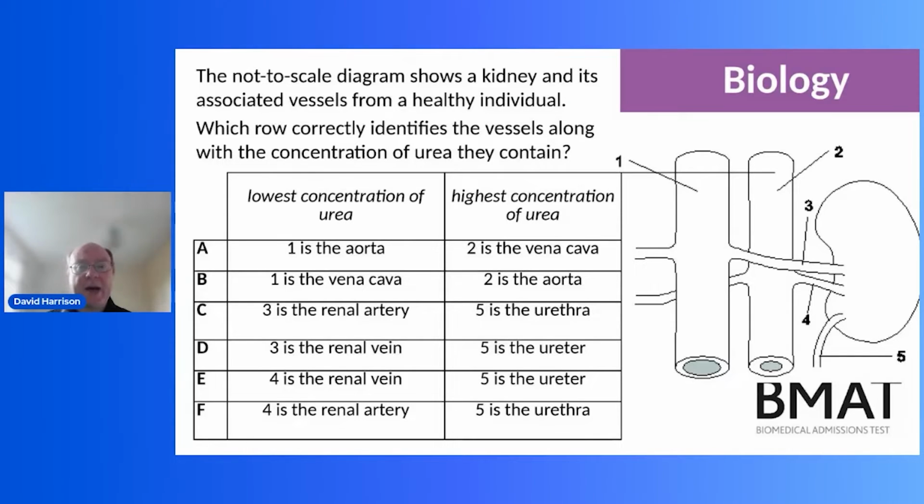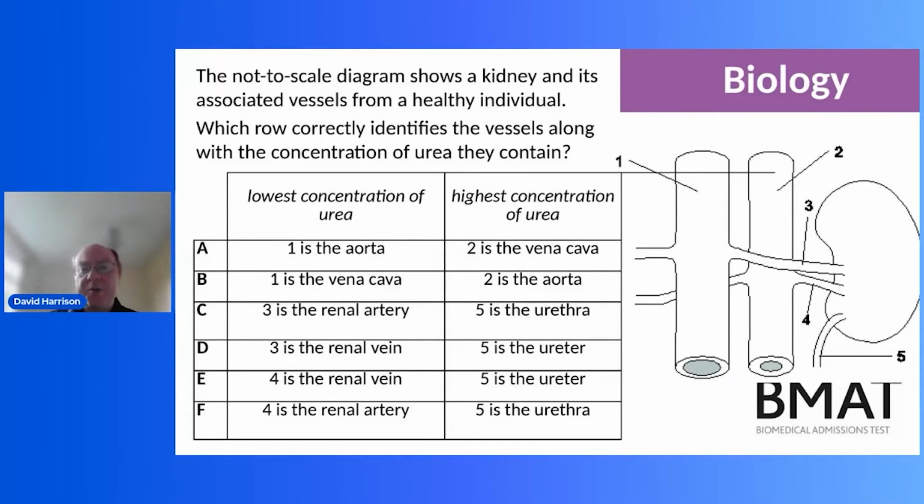So if we're thinking about the kidney, its function is to filter the blood, to draw out impurities, and particularly to concentrate the urea within the kidney. If we're looking at the diagram and that second column of options for the answers, the first two, A and B, are talking about the highest concentration of urea being in veins or aorta.